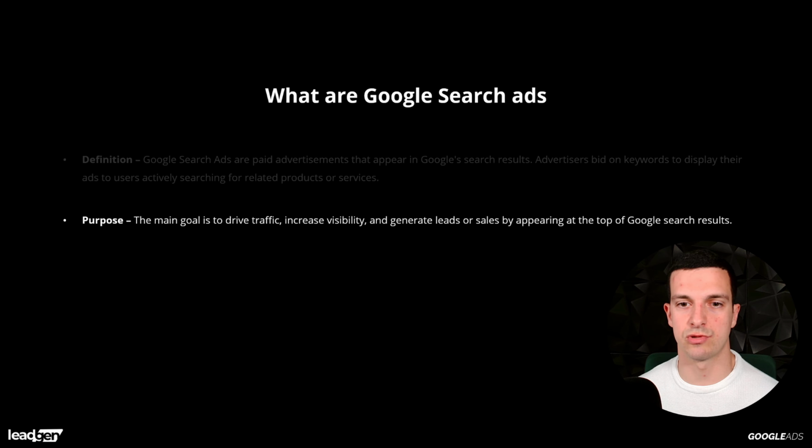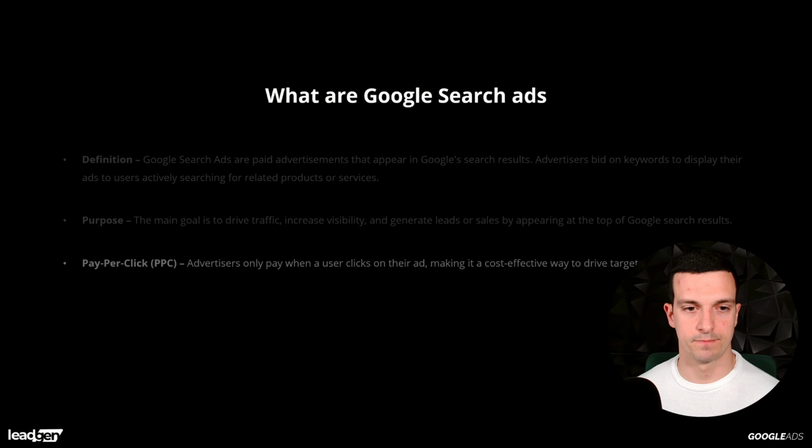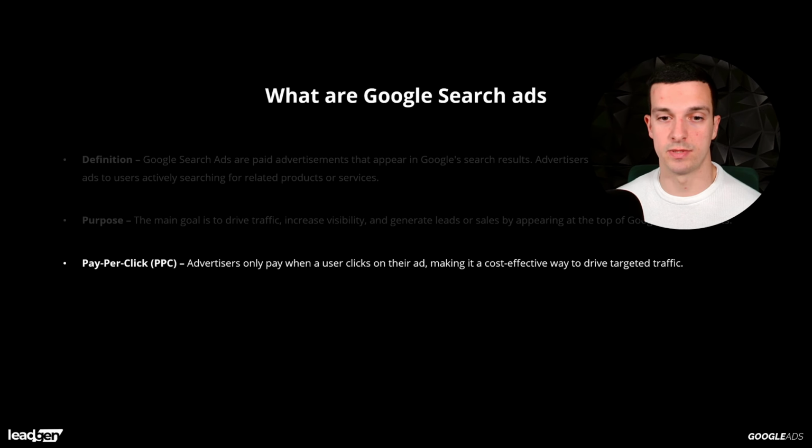Purpose: the main goal is to drive traffic, increase visibility, and generate leads or sales by appearing at the top of Google search results. So that's what we're gonna be optimizing for, getting the leads, checking them, and getting the sales as well, right?